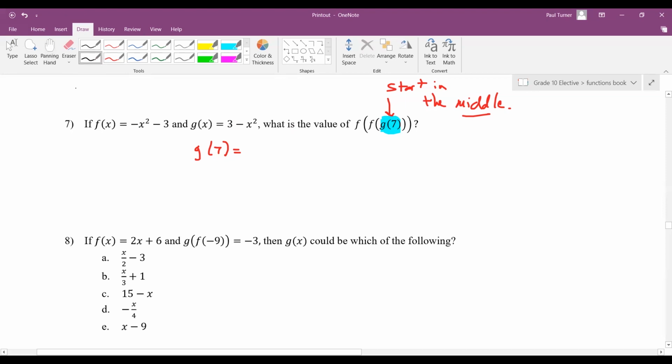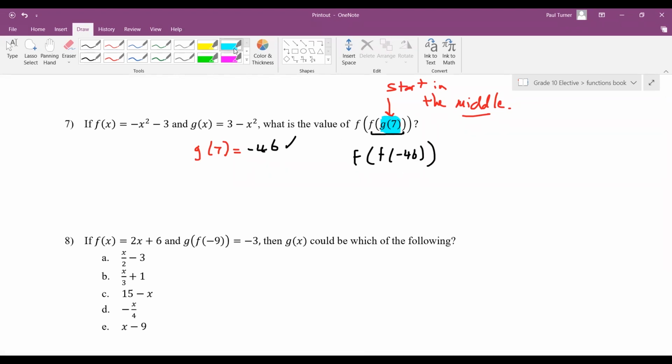So with this question, g(7) should give you minus 46, correct? So put 7 into here, 3 minus 49, minus 46. So then you look at this part here. So this is telling you g(7) is minus 46, like that.